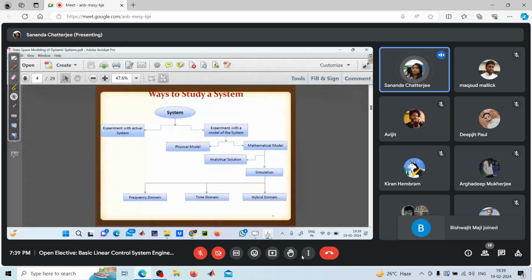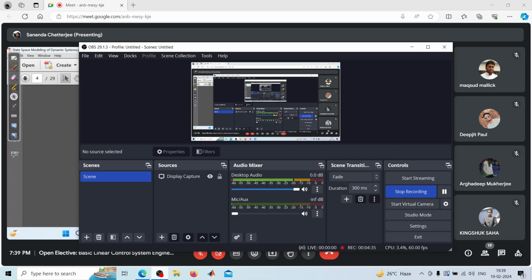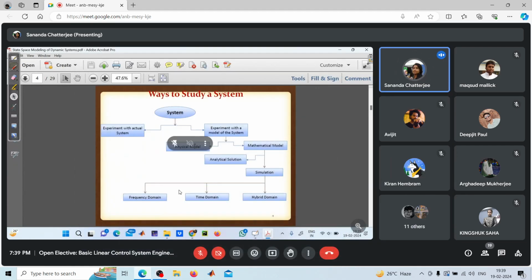Those things should be clear to the user. So it will be better to first experiment with the model of the system, and for that we can go for a physical model or a mathematical model of the system.